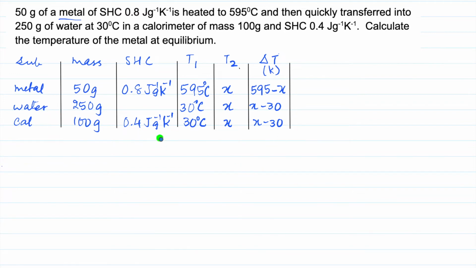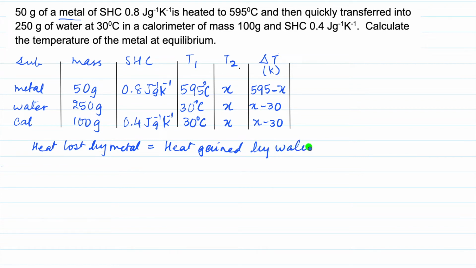By the principle of calorimetry, we are going to have the heat lost by the metal is going to be equal to the heat gained by the water as well as the calorimeter. Now the heat lost by the metal, let us call that as M1C1 delta T1.